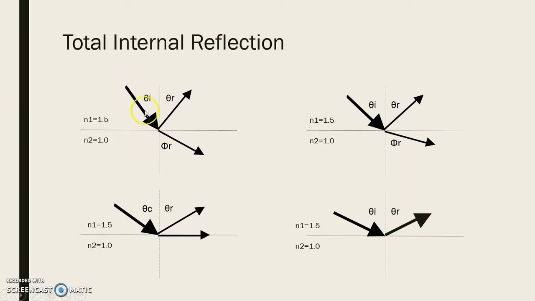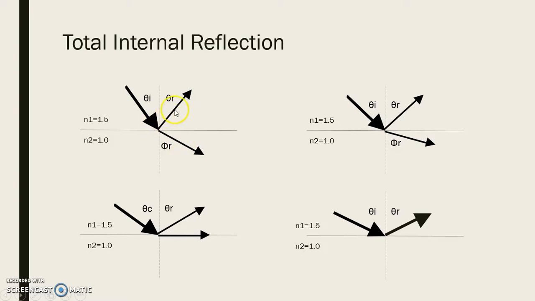What you see over here is the incident ray. When the incident ray strikes the boundary of the medium, it divides into two parts: one is the refracted ray and one is the reflected ray.